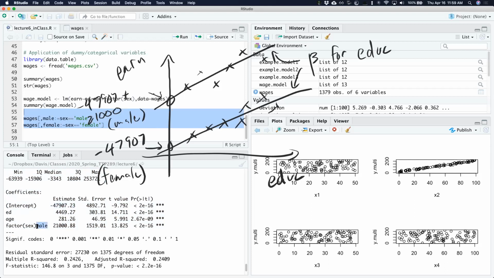Whatever is not included here is in your base intercept, and you add everything on top of that to do the interpretation for the other categories.